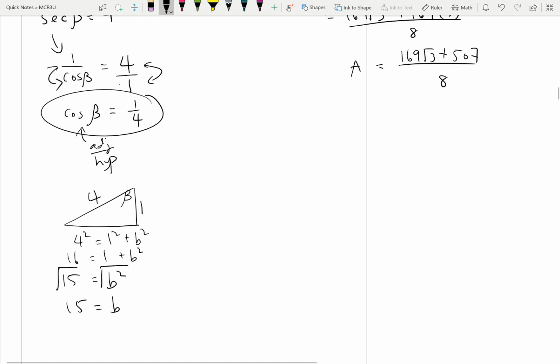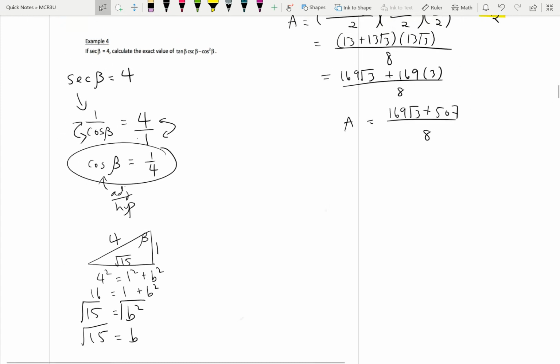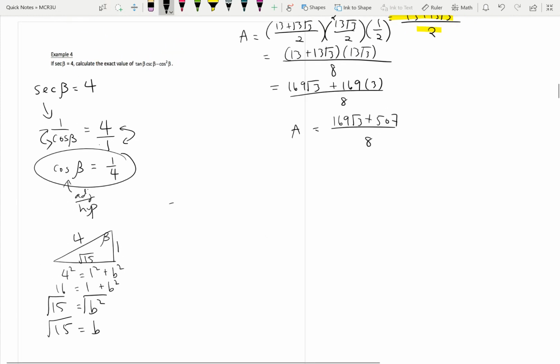Okay, so with that all done and nicely labeled, we can proceed with answering the rest of this question, because here we can say that tan beta is opposite over adjacent. So from the beta angle as my reference, my opposite is root 15 and my adjacent is 1.